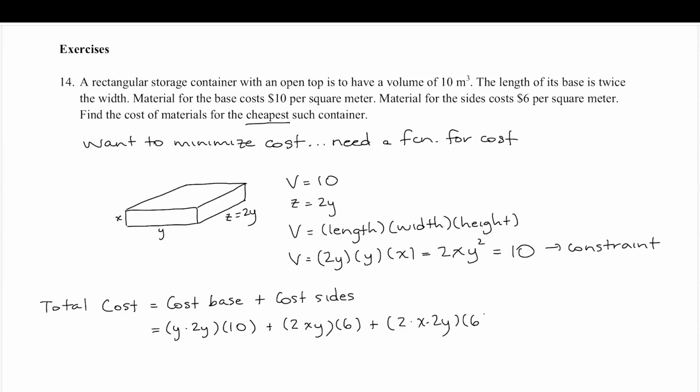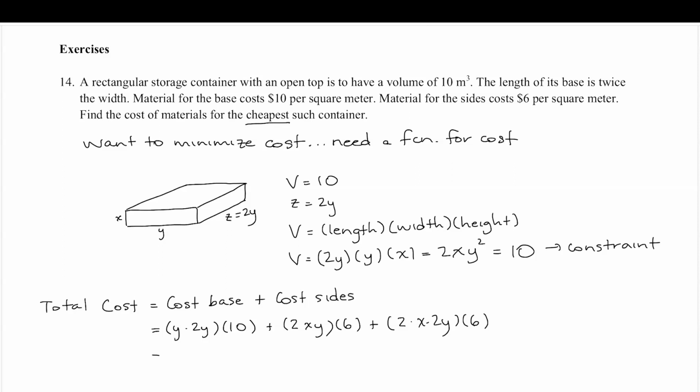And those also cost $6 per square meter. And again, I'm double checking, triple checking: I have a front and back x by y, two of those at $6 per square meter. I have a left and right side of x by 2y, and I have two of those at $6 per square meter.